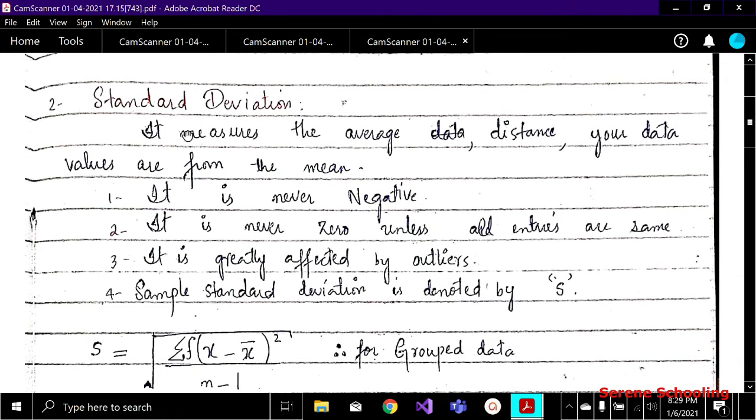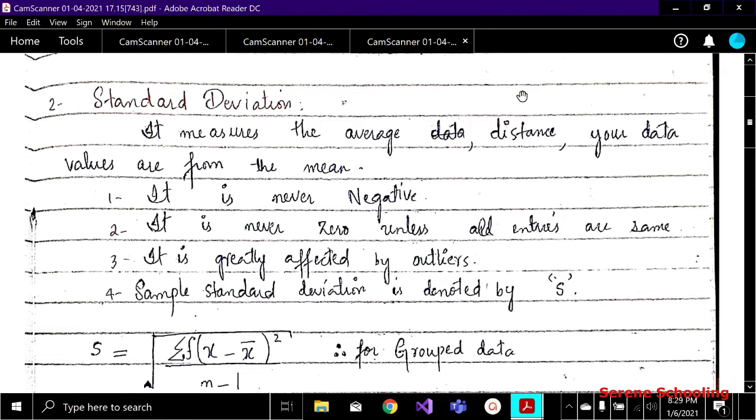Let's go for the important concept, another measure of variation, that is standard deviation. So what is standard deviation? It is basically the distance, how distant your data value is from the mean. Suppose your mean exists here, and your data value is over here. So this distance is the standard deviation.